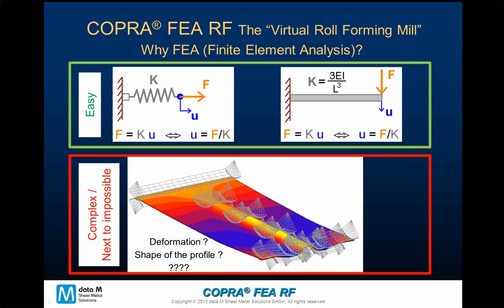Whereas within roll forming, these calculations are more complex, if not impossible, to solve manually if we are considering the deformation and shape of the form profile. Therefore, what we essentially have now is a big calculator doing the work, the number crunching for us instead, which is defined as a non-linear calculation.